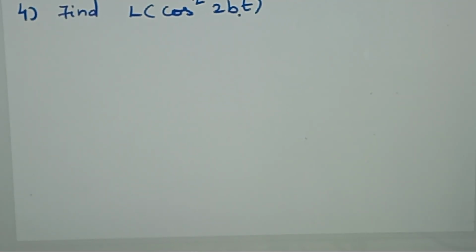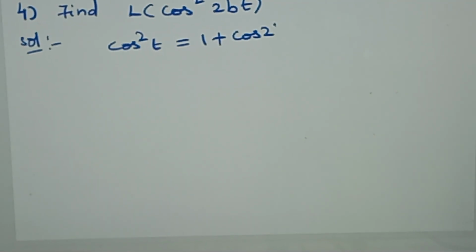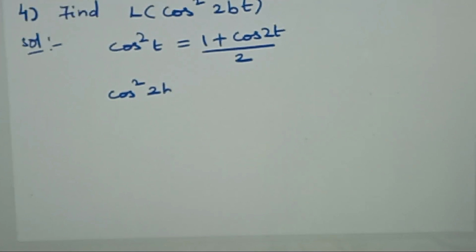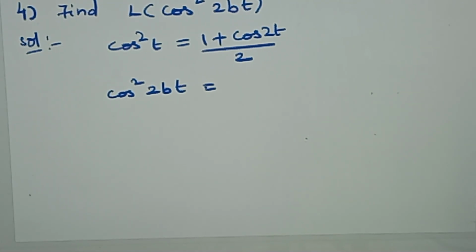This is the given sum. Now all the standard trigonometric formulas given, you have to remember. What is the formula for cos square t? Cos square t is nothing but 1 plus cos 2t by 2. Similarly, if we want cos square 2bt, what is the answer? It is 1 plus cos 4bt upon 2.